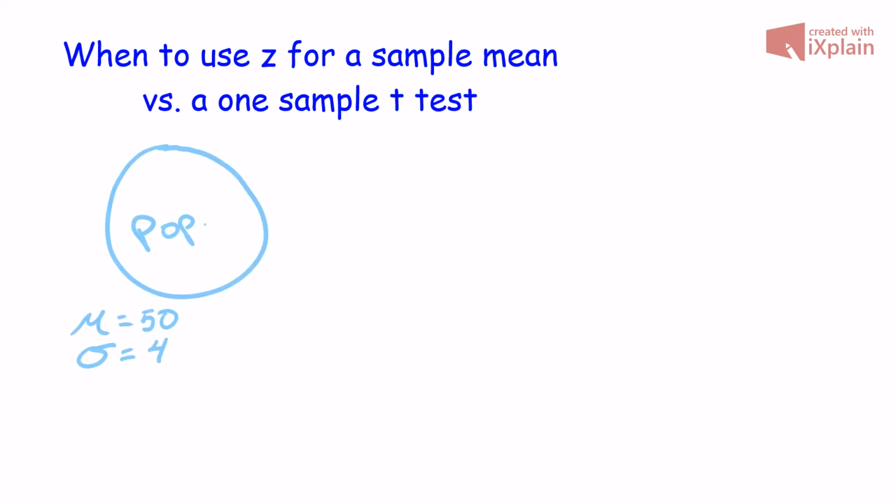So the choice between using a one sample t-test versus a z for a sample mean is pretty straightforward. In this situation, we have a population with known parameters of 50 and 4. Of course, we can't study the entire population, so we take a sample of 25.